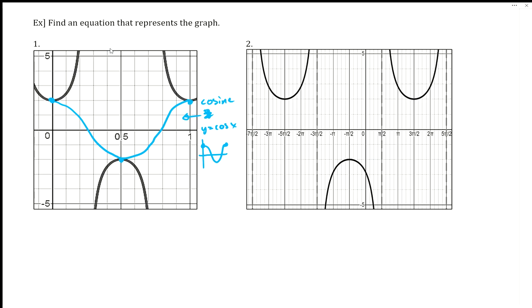So it looks like a cosine curve, but not the most basic, but we see there's no reflection, and we could see the amplitude, we could see the period. Because the one in the blue is cosine, it means the one that was given to us is secant. So on this first graph, it looks like it's easiest to do a non-shifted cosine curve, and then we'll just get all of our information.